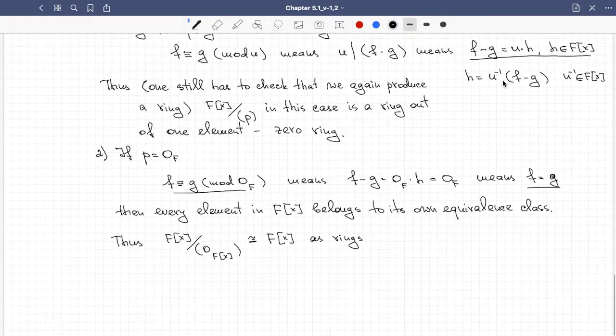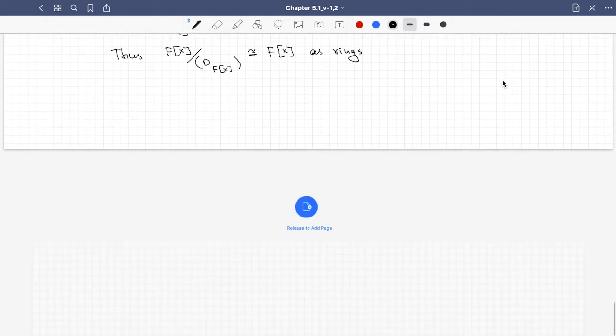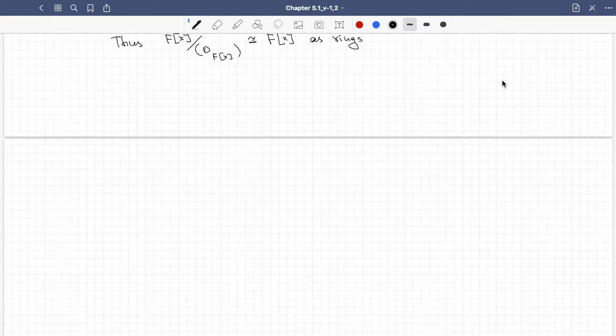In chapter 2, we described units in Zn. So recall, units in Z mod n.